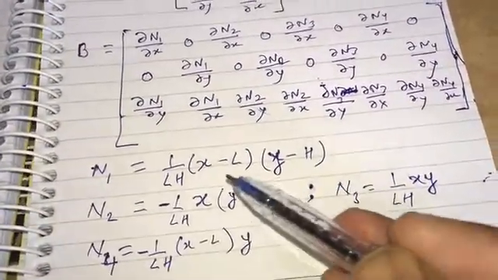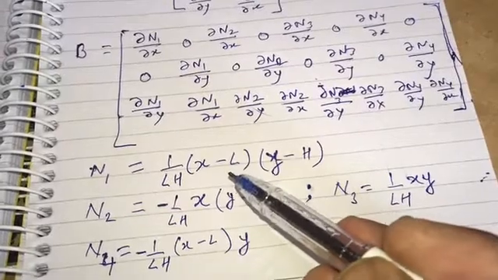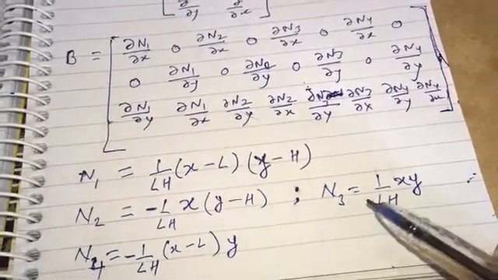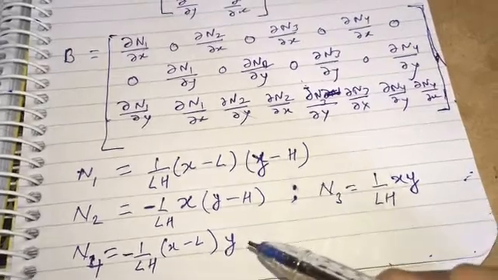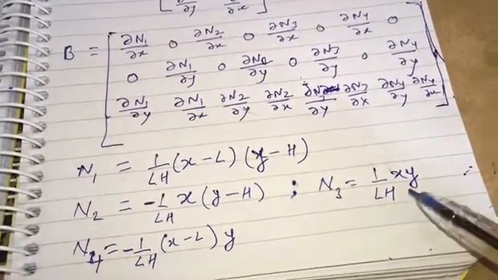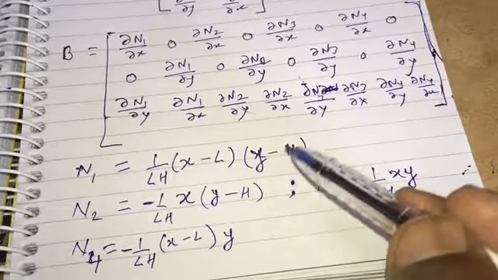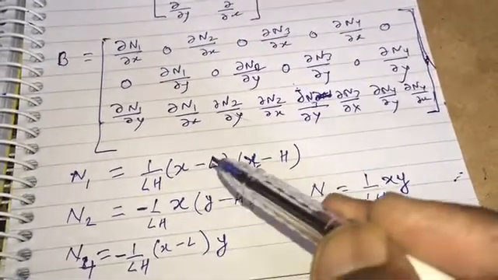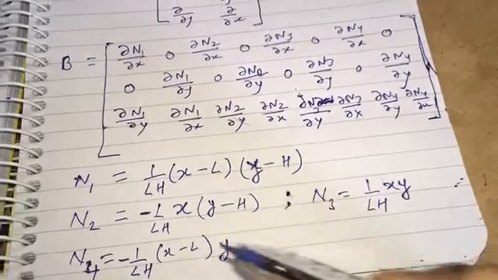So basically this is a combination of x minus L and x, and y minus h and y. So we have y in two of them, y minus h in two of them, and then x in two of them, and x minus L in two of them.